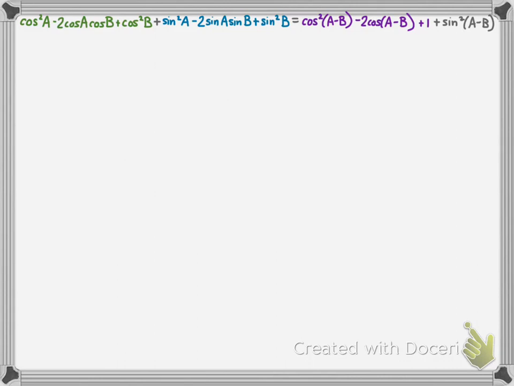All right, so take a look. If you squint a little bit, you'll see that we have arguments that are A's and B's. But what I see is a cosine squared A, and I see a sine squared A. So I'm going to put those next to each other: cosine squared A plus sine squared A. And I also see a cosine squared B and a sine squared B, so I'm going to put those next to each other.